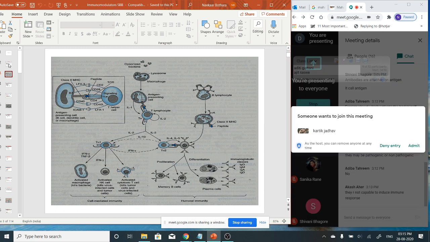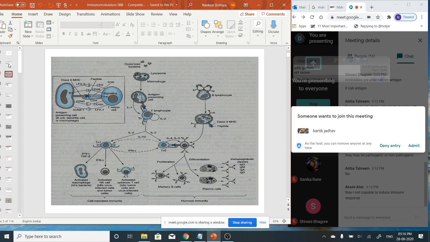So basically how it happens is, how these macrophages engulf, particularly there are APCs present, that is called antigen presenting cells.